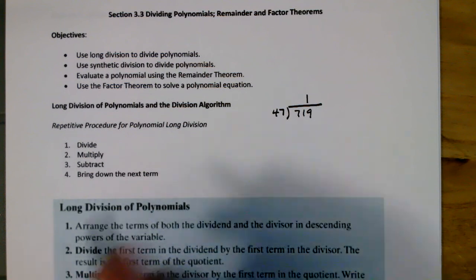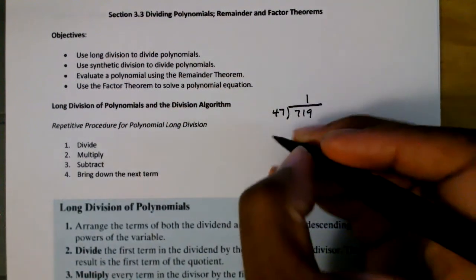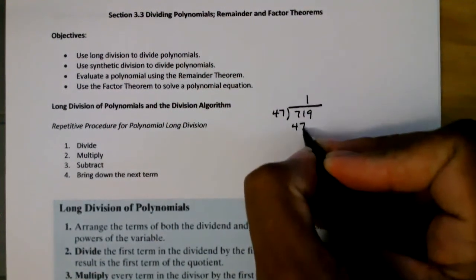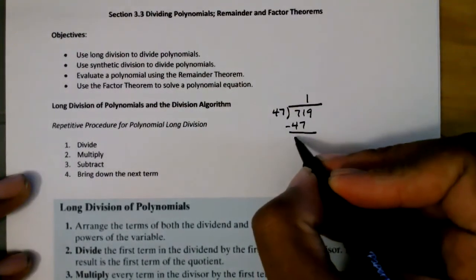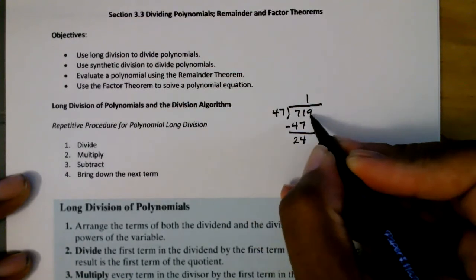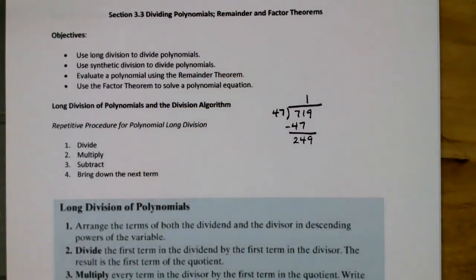That's dividing. And then do 1 times 47, which would be 47. And then subtract 47 from 71, you'll get 24. And then you bring down the next term.